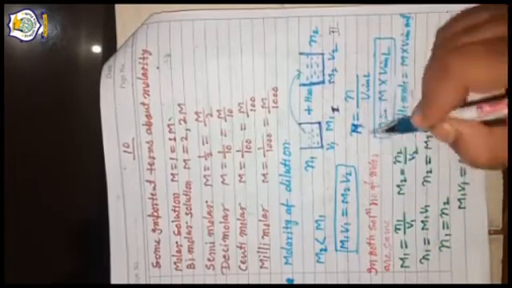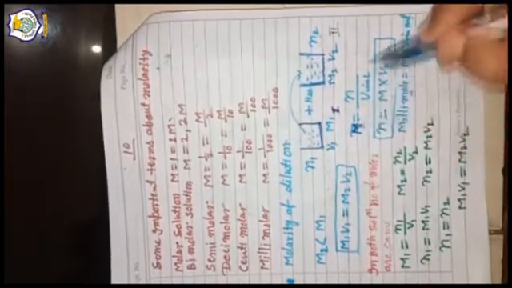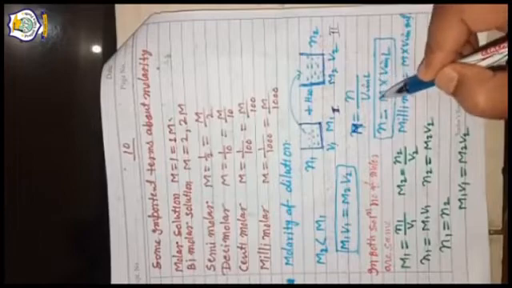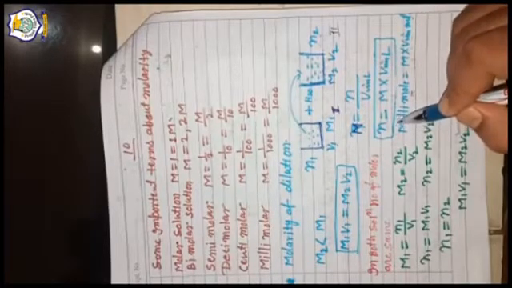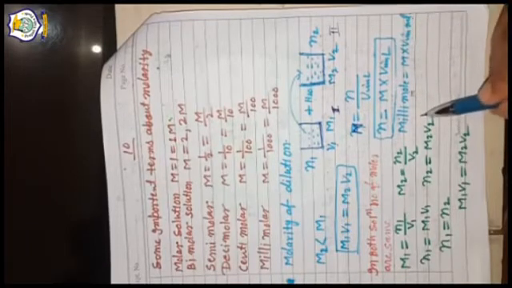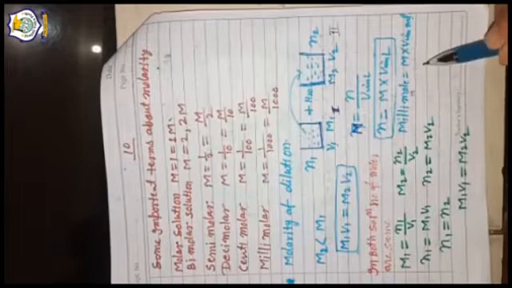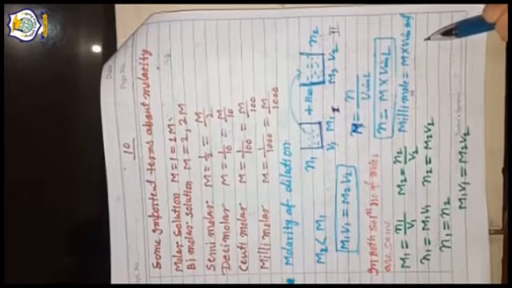We know that the molarity of solution, capital M, is found by dividing the number of moles by volume in liter. N equals number of moles equals M into V in liter. In case of millimoles, the molarity is multiplied by volume in ml.